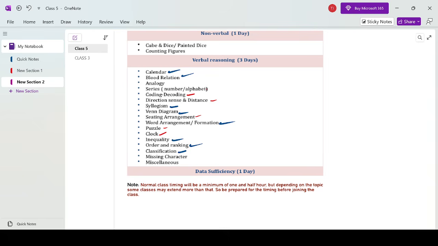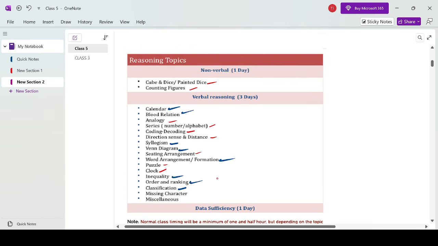Series means number series, we'll learn, and then alpha numeric series. Analogy we will learn, and then dice, figure counting, definitely we'll learn some basic funda, and then reasoning is done. We have 2 more days left, so yeah we'll try to cover it up.